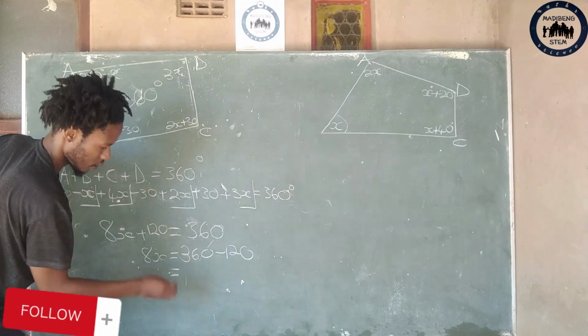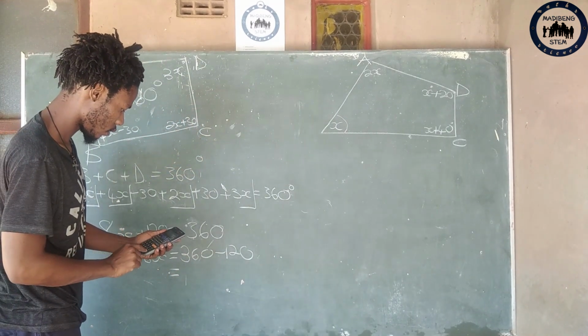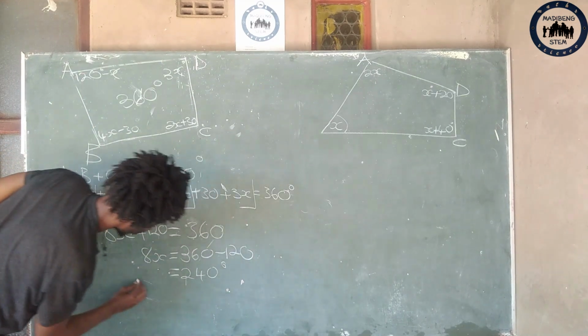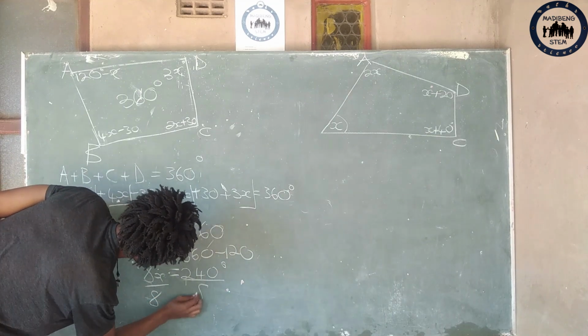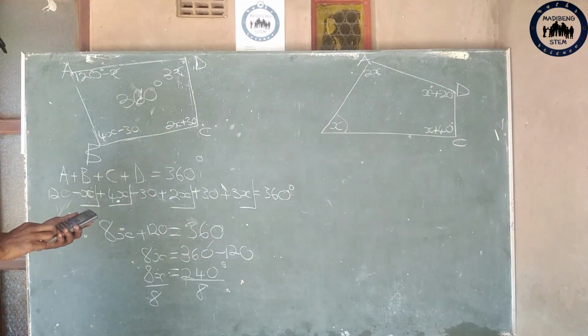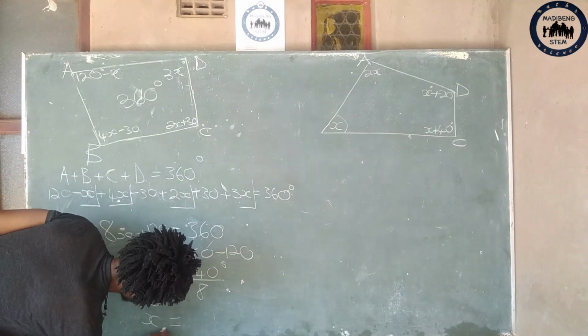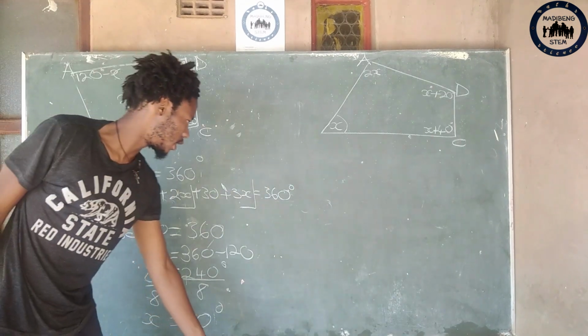It gives us 360 minus 120, which is 240. Then we divide by 8, guys. 240 divided by 8 gives us x is equal to 30 degrees. So x is 30 degrees.